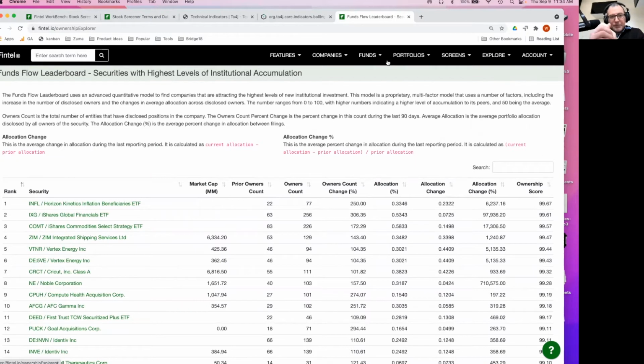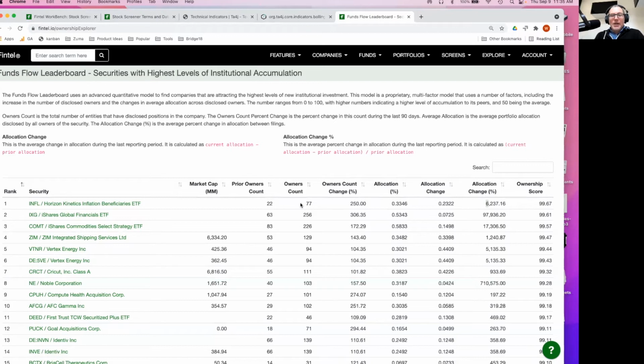We look at the average allocation in the funds in the prior quarter, and the average allocation in this quarter, and we figure out what that change is. In this case, the current average allocation was 0.33%. The change was 0.23%, and the percent change was 6,000%. So it was a very big increase.